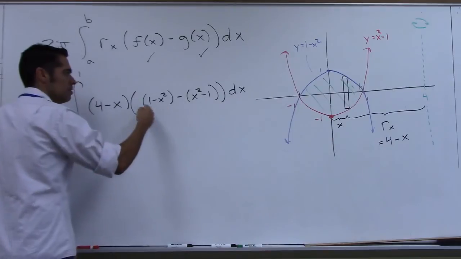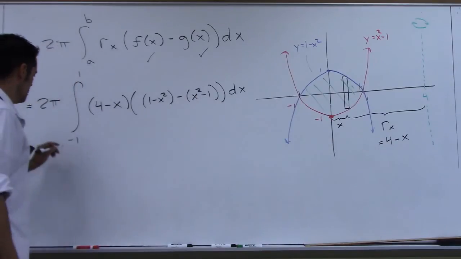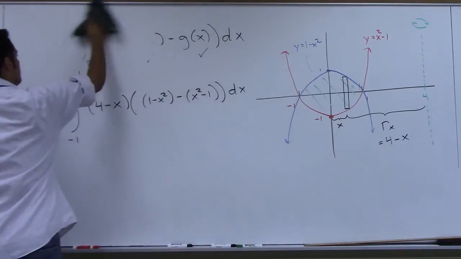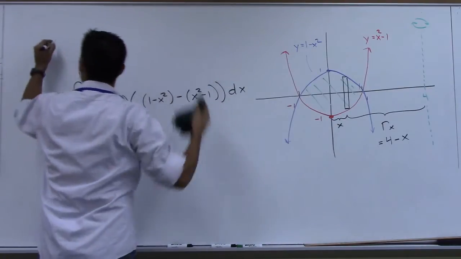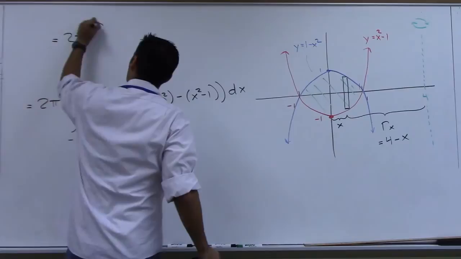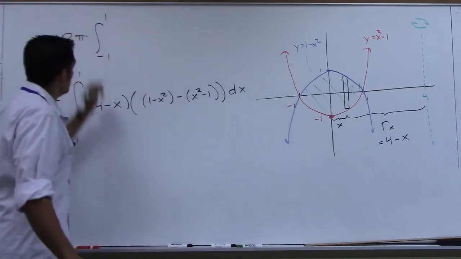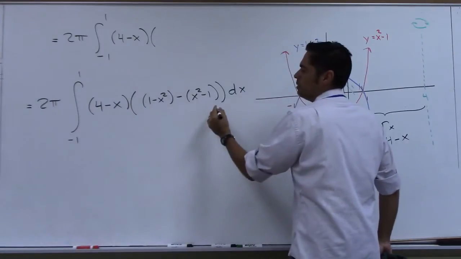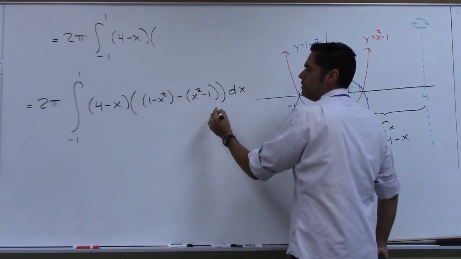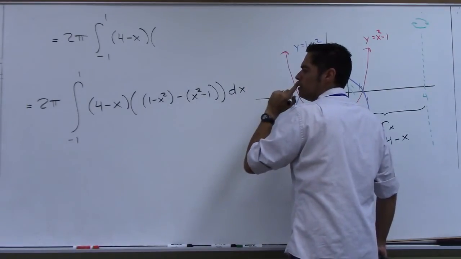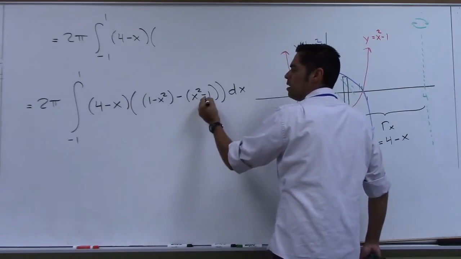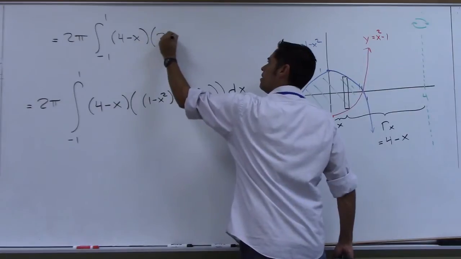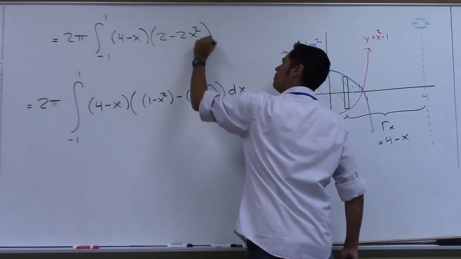All right? So let's clean this up. What does the integrand, what does the inside of that parentheses become? So 2 pi integral -1 to 1, 4 minus x. What is this? Is it just negative? Let's see, 1 minus plus. So we should have 2 minus 2x squared.